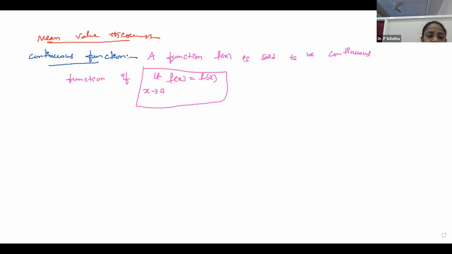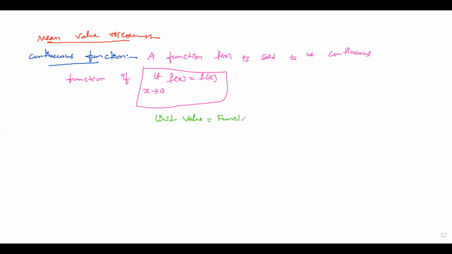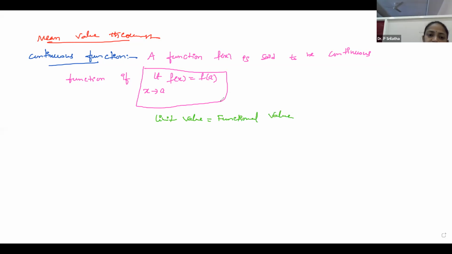So what is the meaning of this formula? The limit value equals the functional value. This is our limit value, and that will be equal to the functional value.